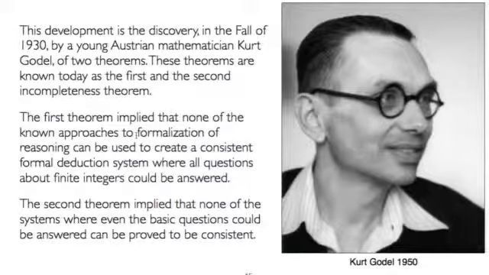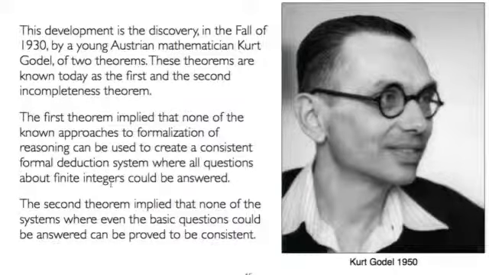And of course, it doesn't exclude the possibility of some kind of entirely new approach to formalization which could achieve it, but nothing in the realm of what we can imagine at the moment can do it.